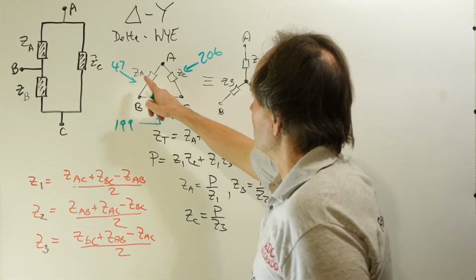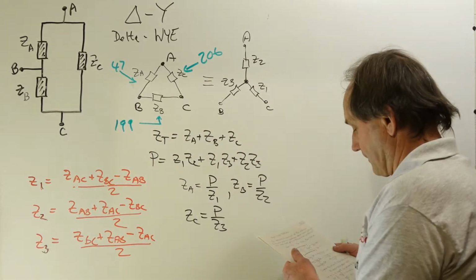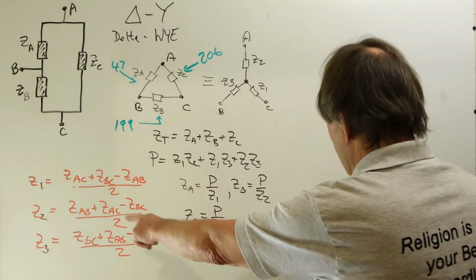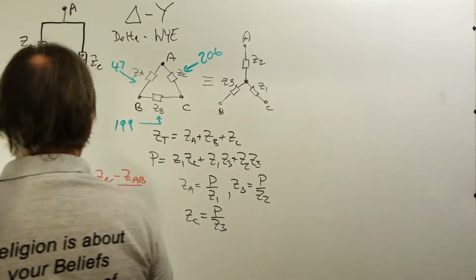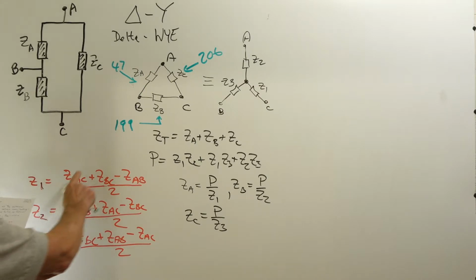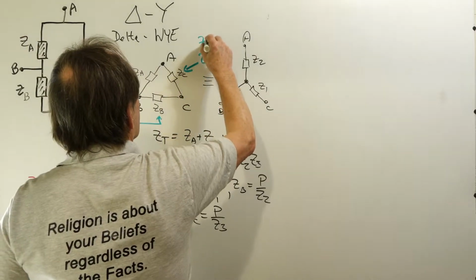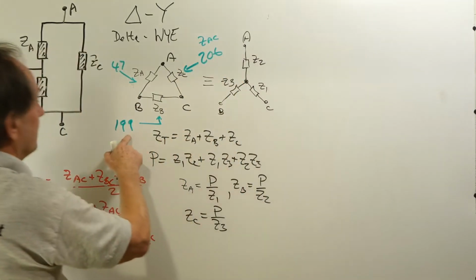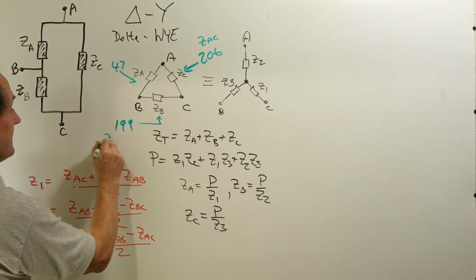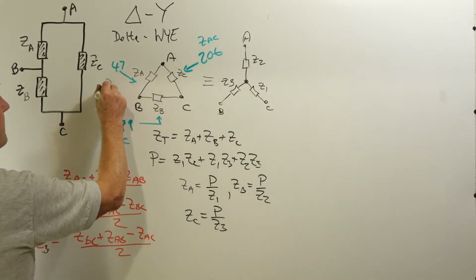Now we want to compute what ZA, ZB, and ZC are. Well, if you put in the values here, you can compute Z1. This is ZAC here. This impedance is ZBC, and this impedance is ZAB.